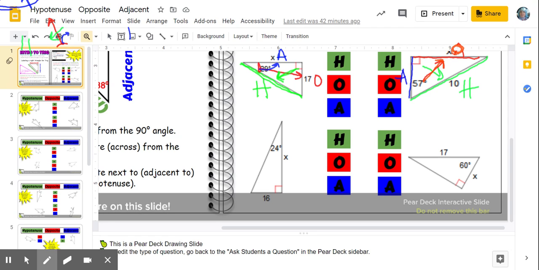The triangles can be rotated and flipped around in space. So it's not always one side or another. Like it's not always the top of the triangle, the bottom of the triangle. It's always relative to that angle.